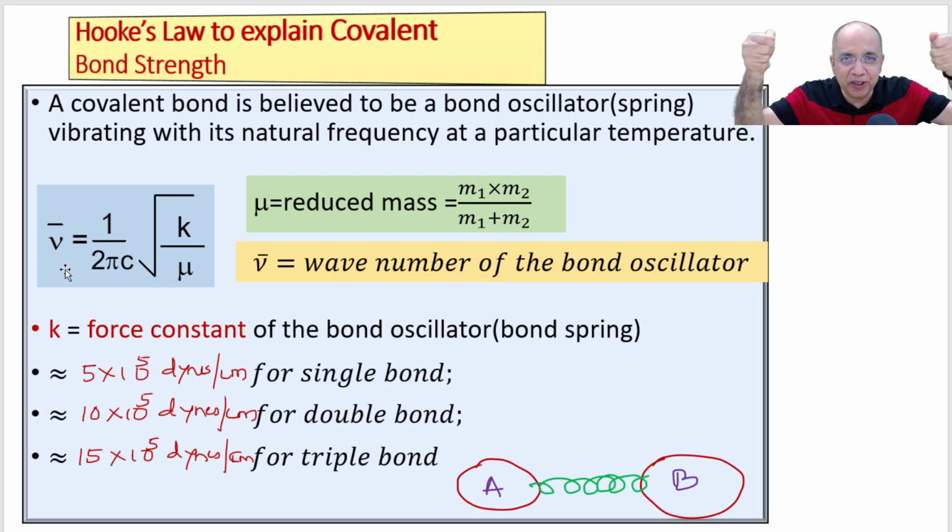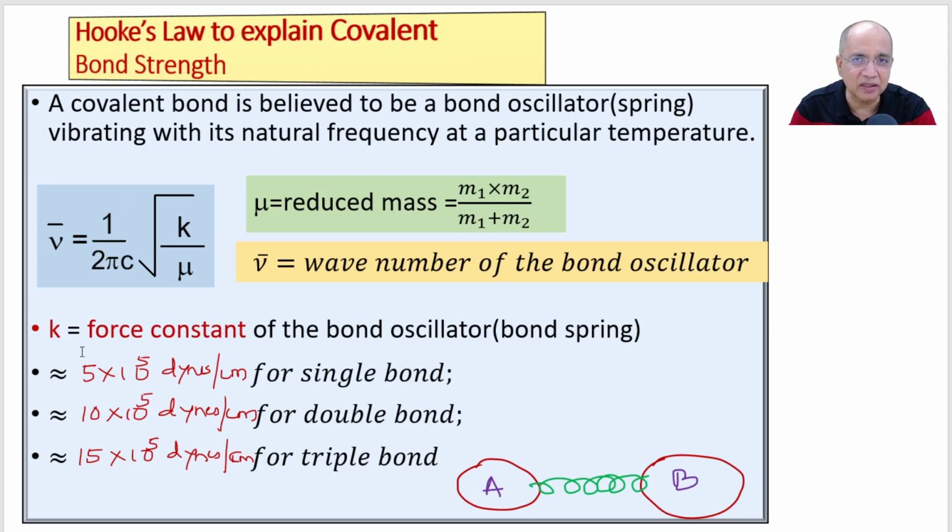Any bond between two atoms is believed to be a simple harmonic oscillator which is vibrating at its natural frequency, right? So the wave number of that particular bond oscillator can be approximately found by using this modified Hooke's law, that is nu bar is equal to 1 by 2 pi c times the square root of K over mu.